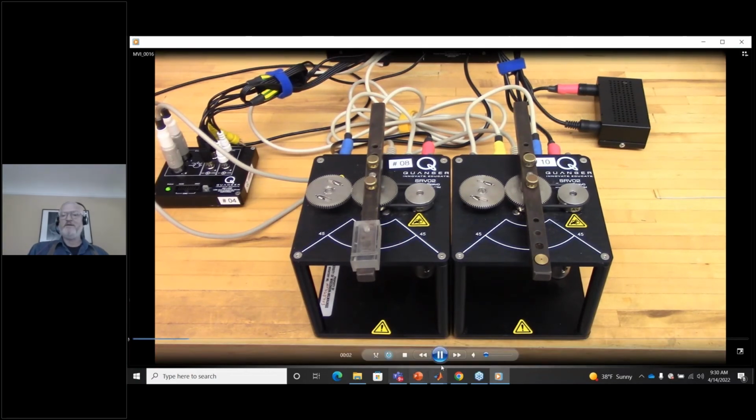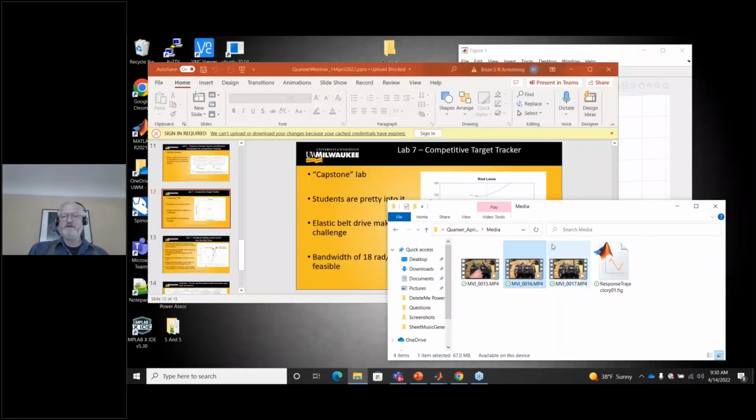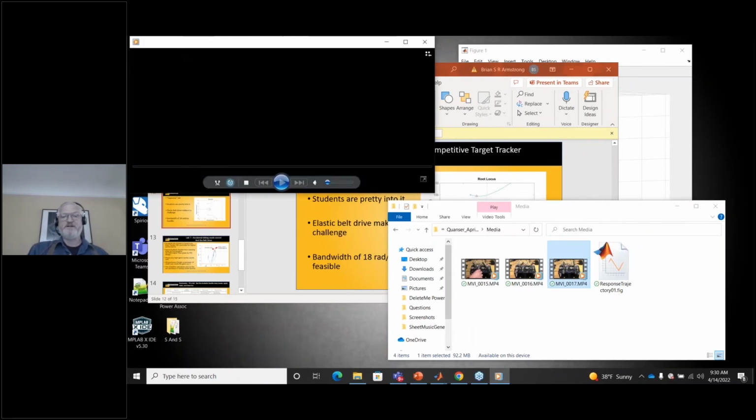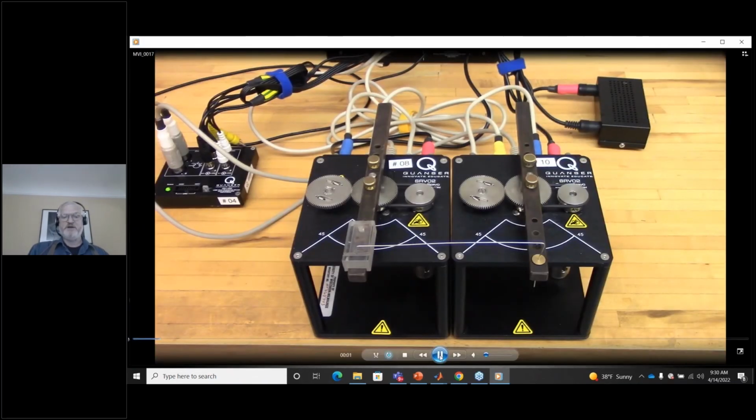Okay, and now to the video that shows what the students are shooting for. So we put between the target and the tracker unit this link. And the plastic block on the left is about 14 millimeters wide. The link has a pin that rides in a groove on the left.